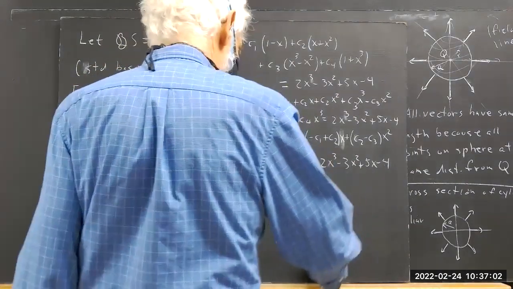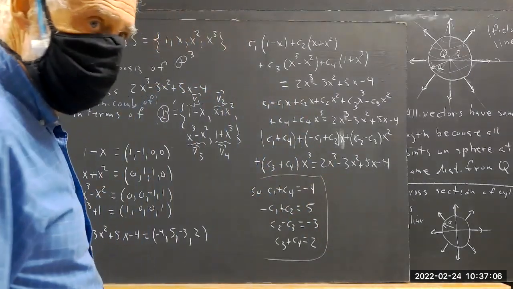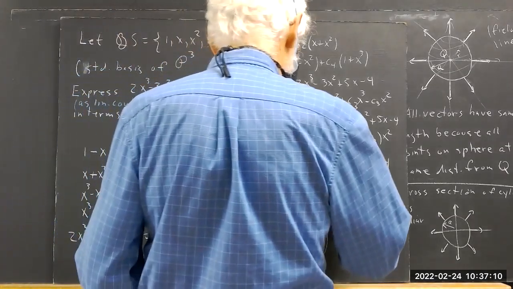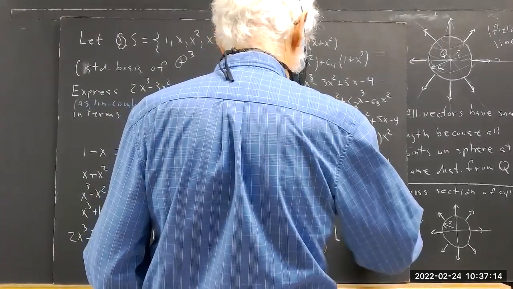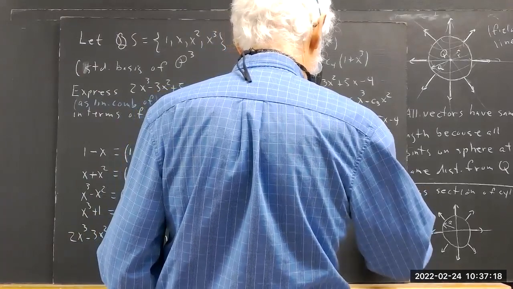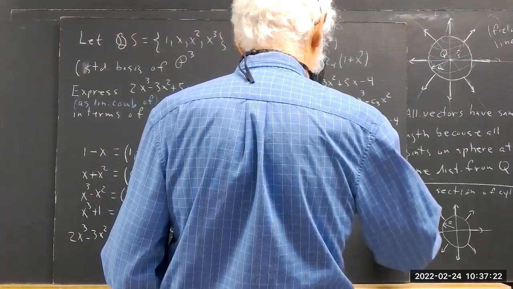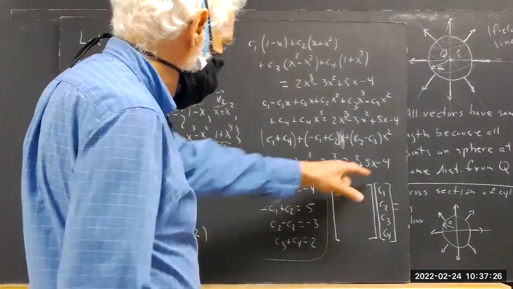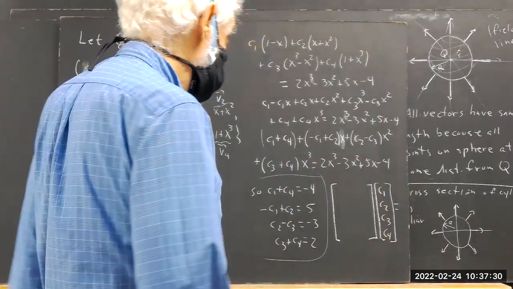Well, this translates to a matrix equation. The left-hand side is going to be a matrix times your C1, C2, C3, C4 vector.